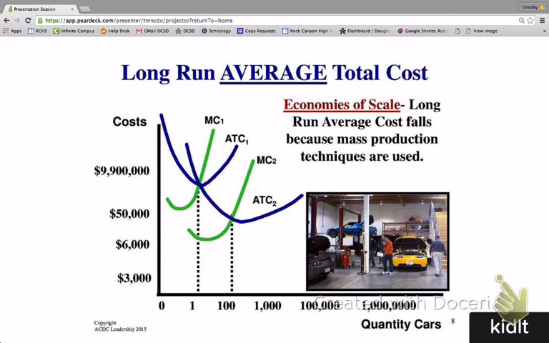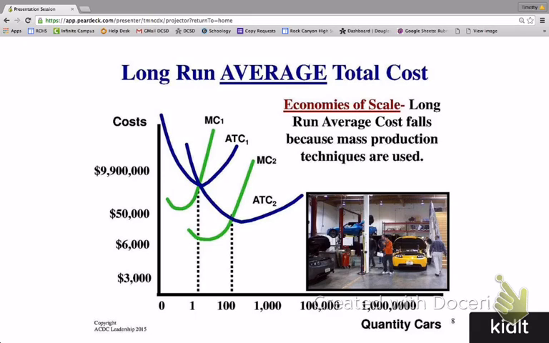But in each situation, a firm is going to choose to produce, in the short run, the quantity of a good that will minimize average total cost for that short-run period. And it will be where that marginal cost curve intersects the average total cost curve at its minimum.